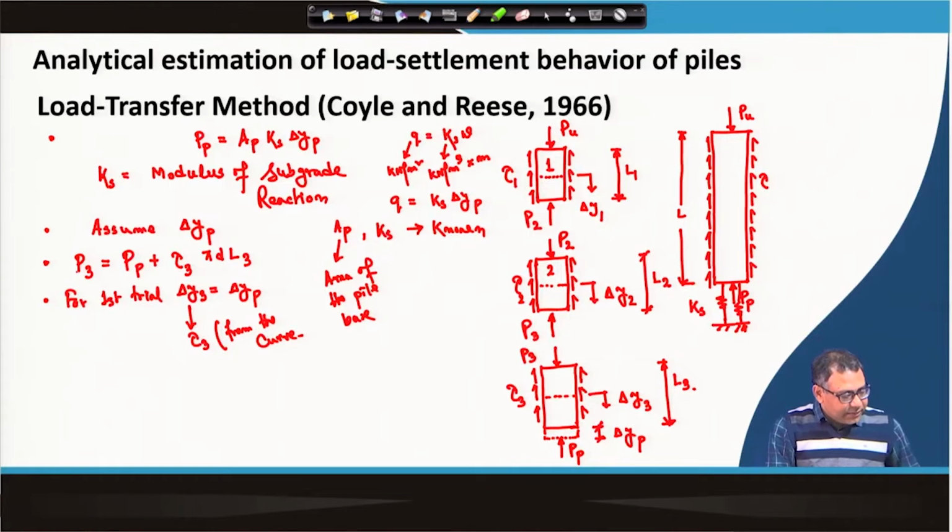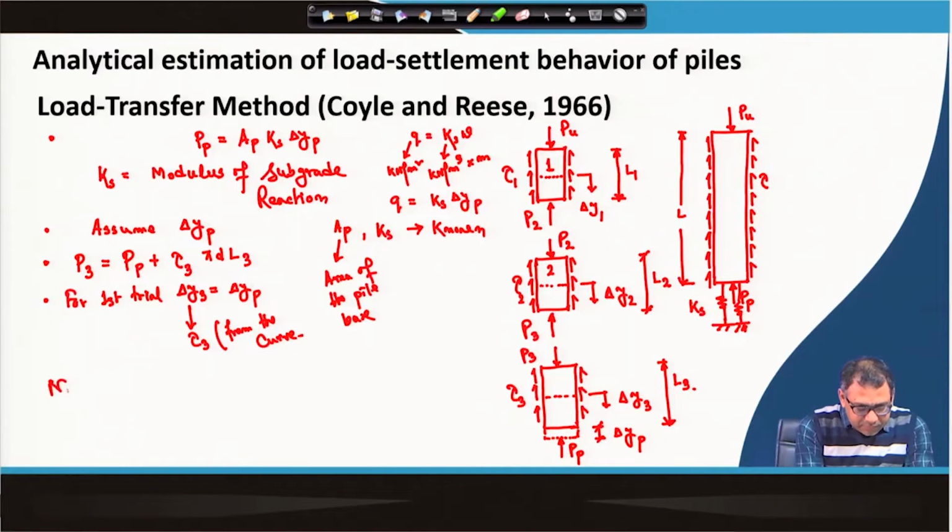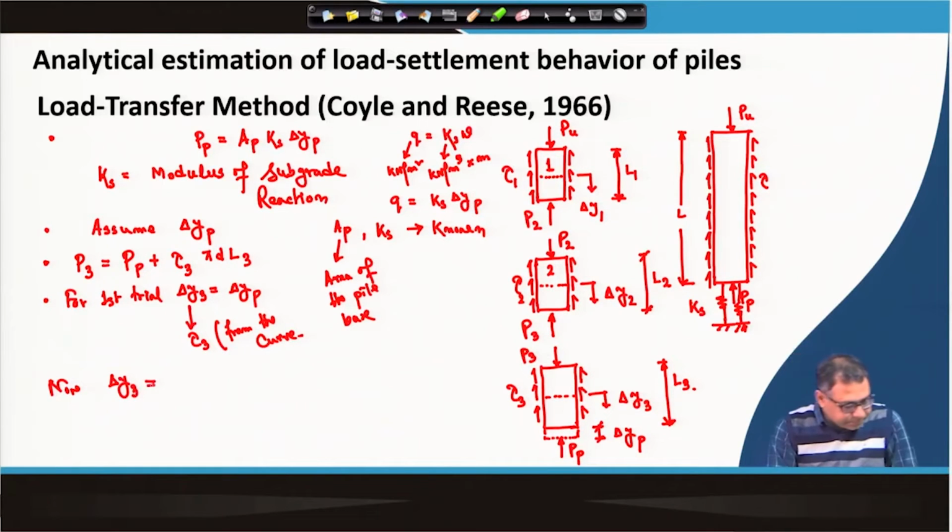Now, once I get P 3, what will be the value of del y 3? Now we have to calculate del y 3. Del y 3 is the deformation of the pile center portion.